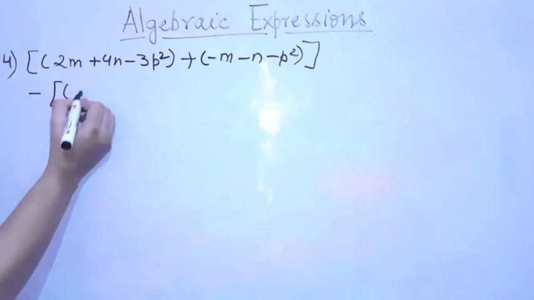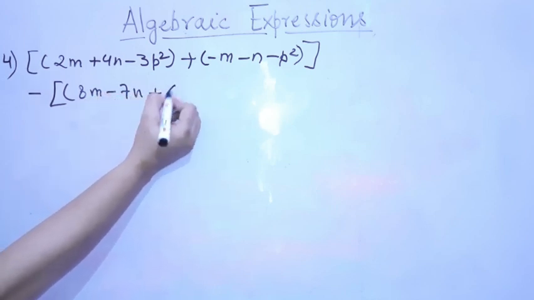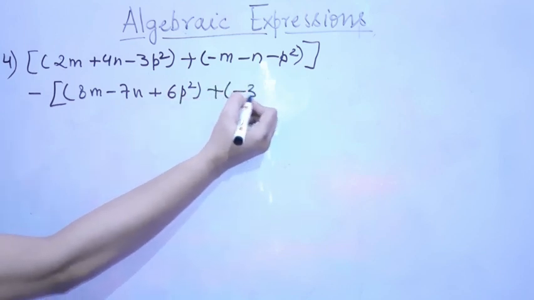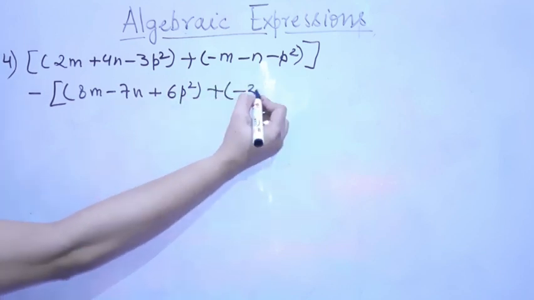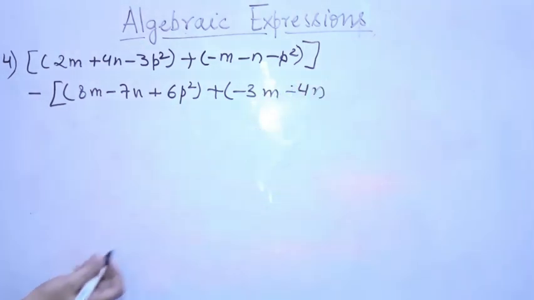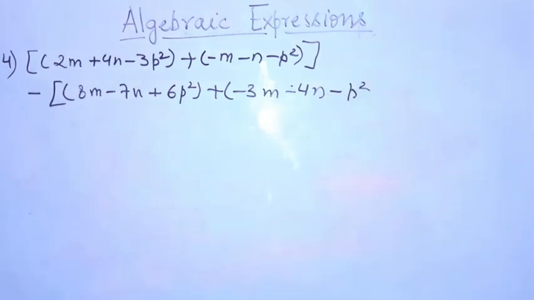We have to subtract the sum of 8m minus 7n plus 6p square plus, within bracket, minus 3m minus 4n minus p square. Okay, is it so?